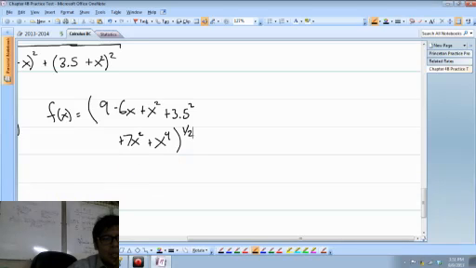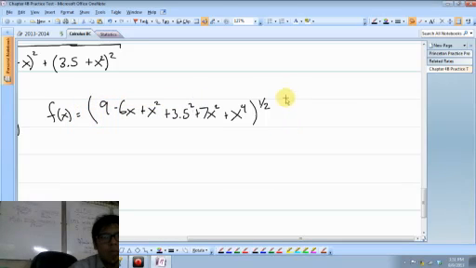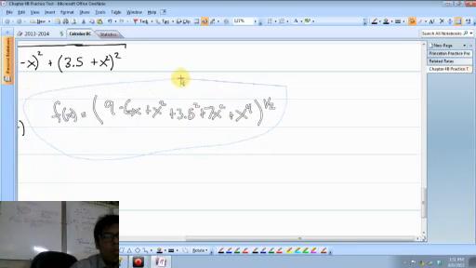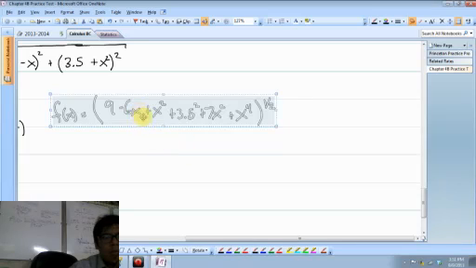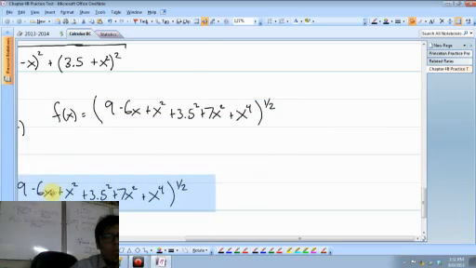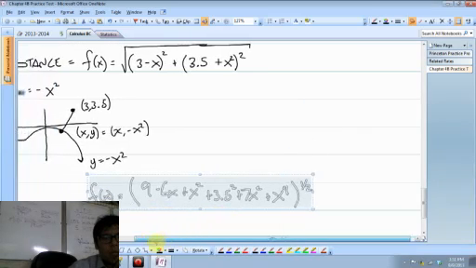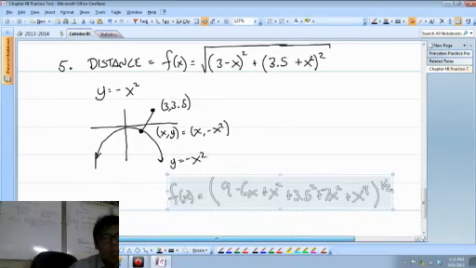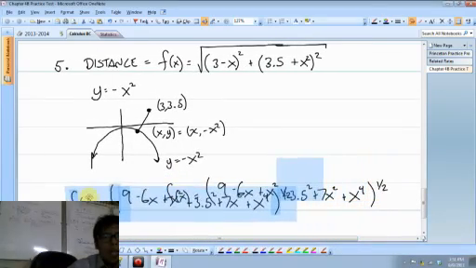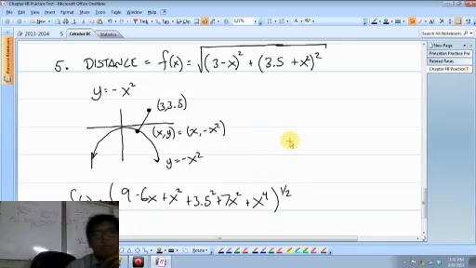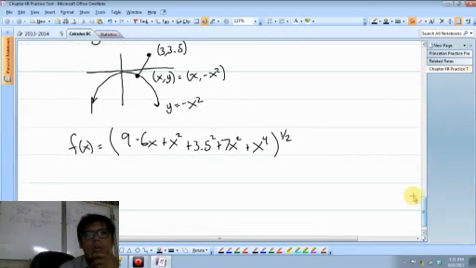Let's do it like this instead. All right, so that's my f of x. Let's simplify that. Let's see, we have 9 plus 3.5 squared.